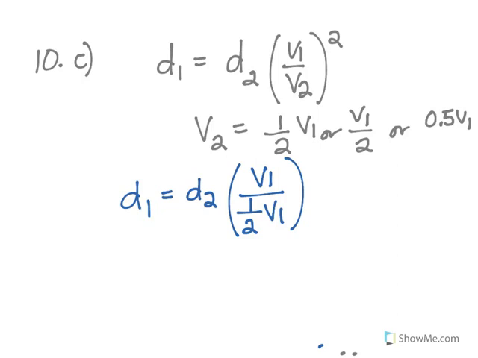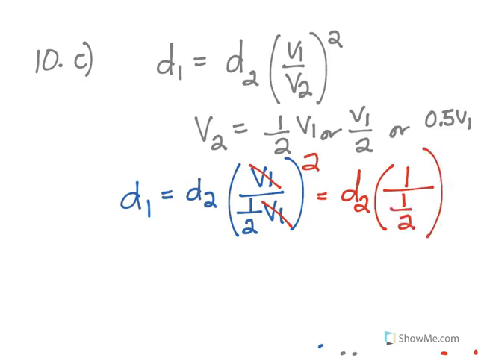So when I do that, what I should see is that my v1s are going to cancel out. Let's not forget that this was squared up here again. Okay? So now, what I'm left with is d1 equals d2 times 1 over 1/2, quantity squared.